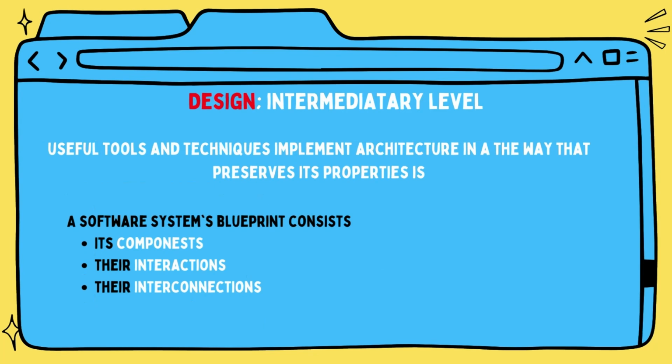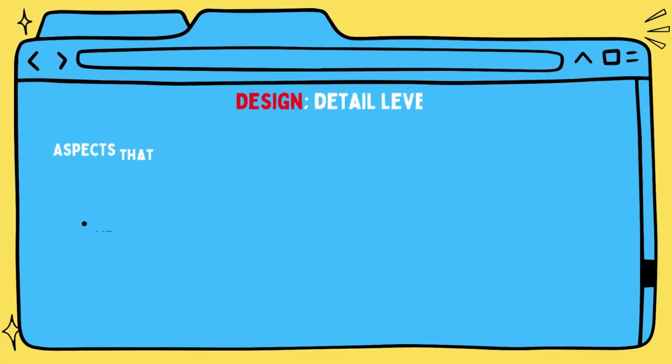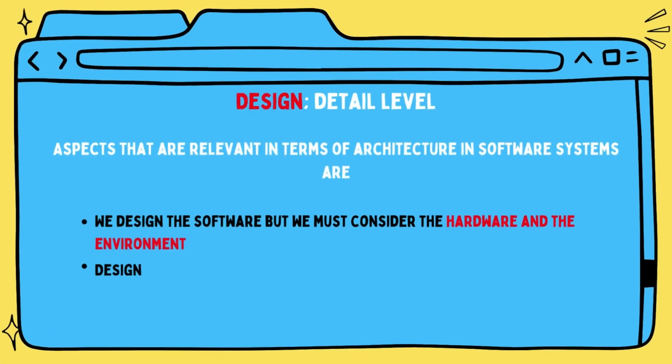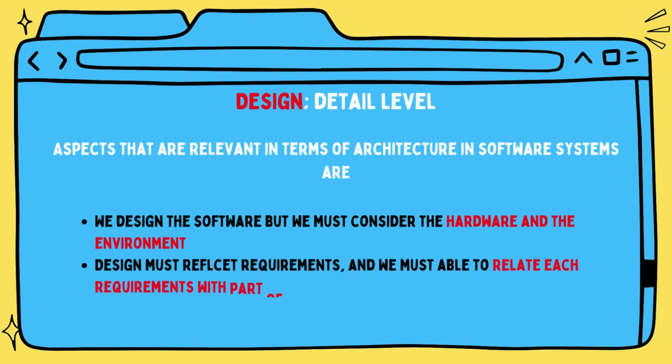Intermediary level of design. Useful tools and technique to implement architecture in a way that preserves its properties. A software system blueprint consists of its components, their interaction, their interconnection. Design detail level.